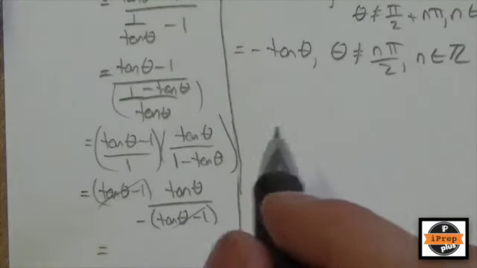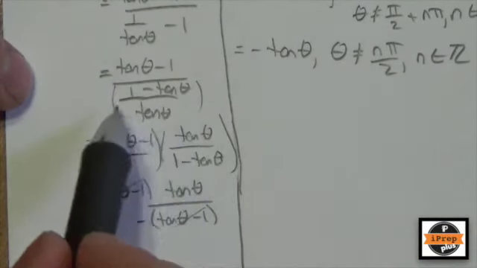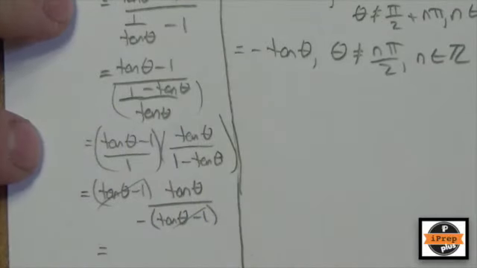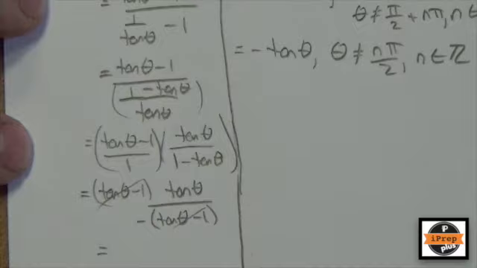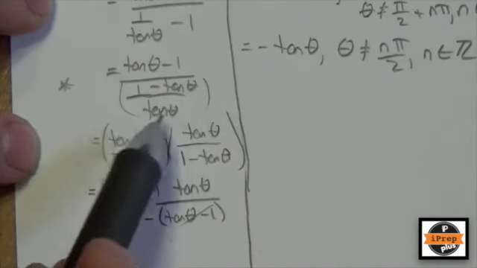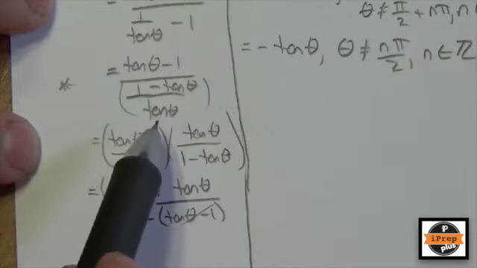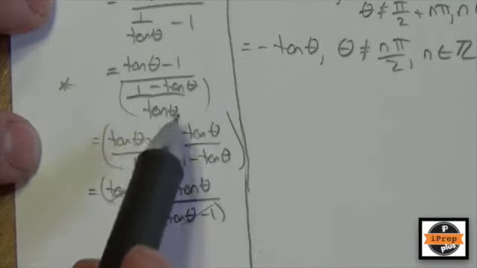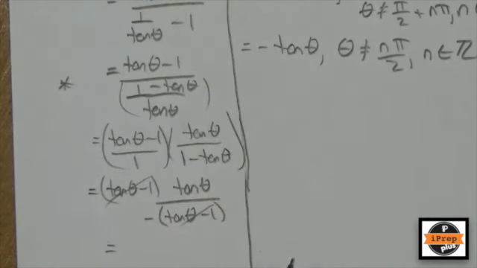Now there was something that happened here. As soon as I multiplied by the reciprocal, I got rid of that tangent in the denominator. Now I don't have a lot of room on this side here, unfortunately, but there was a restriction that popped up here. I got rid of the issue where tangent could become 0. Down here, if tangent is 0, this becomes undefined. Well, tangent goes to 0 wherever sine is 0, and that's going to be at multiples of pi.